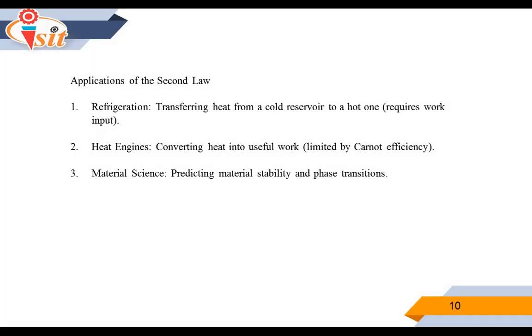These are the applications: first, refrigeration, which transfers heat from a cold reservoir to a hot reservoir and requires work input. Second, heat engines, where heat is converted into useful work, limited by the Carnot efficiency. And third, material science, predicting material stability and phase transitions. These are the applications of the second law of thermodynamics.